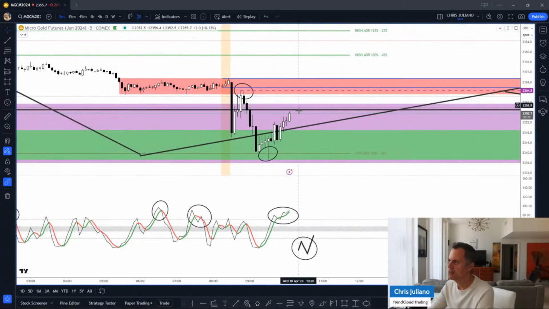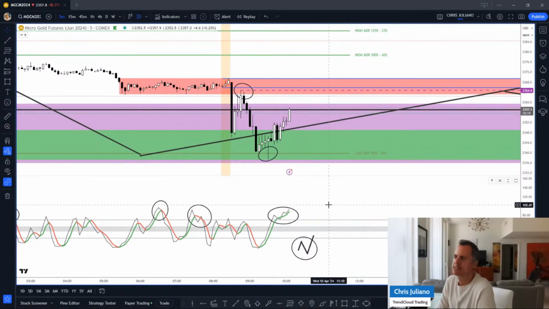It might just decide to go sideways for a while. Don't expect it to do something right away. Here we go. Let's see what's going to happen.